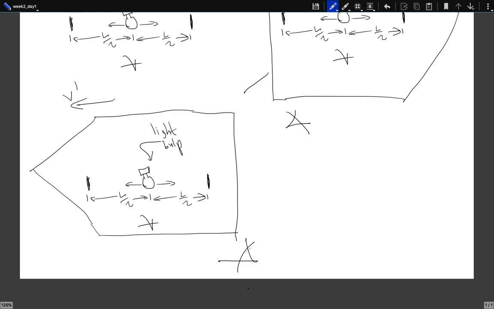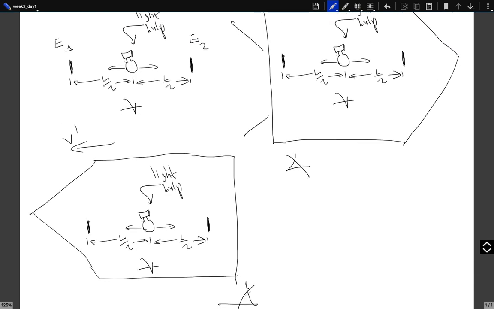Relative to the first observer, this observer is moving in that direction, this observer is moving in that direction. They're just moving in opposite directions relative to that observer.